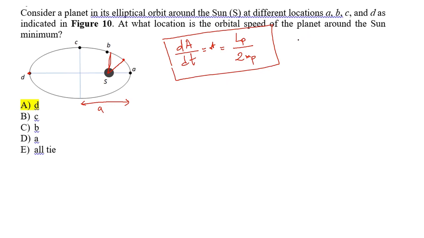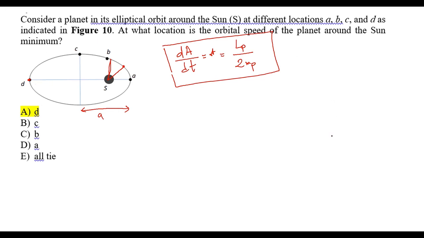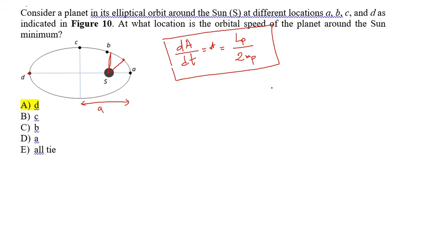This is the second law of Kepler, law of areas. Now, since of course angular momentum is conserved, this dA over dt is a constant of motion.